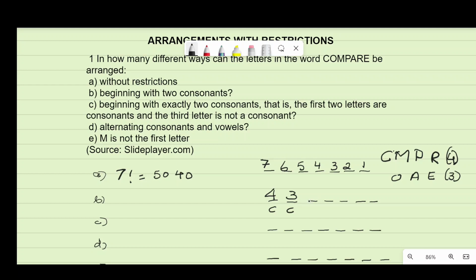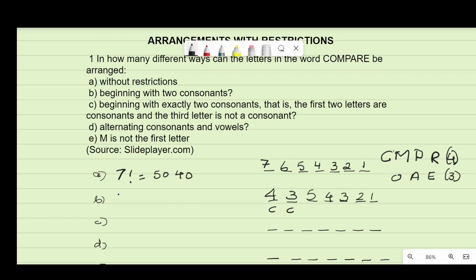Now the next position, there is no restriction, so you can use any of the 7 letters, but 2 letters are already used. So how many letters are remaining? 5 letters only. Now this one is 4, this is 3, 2 and 1.